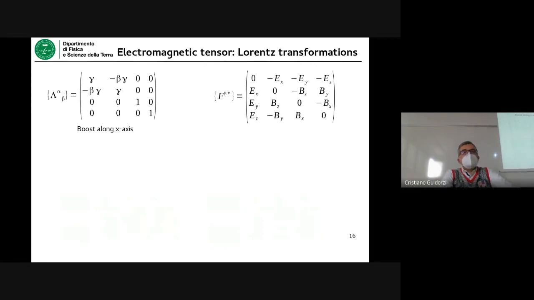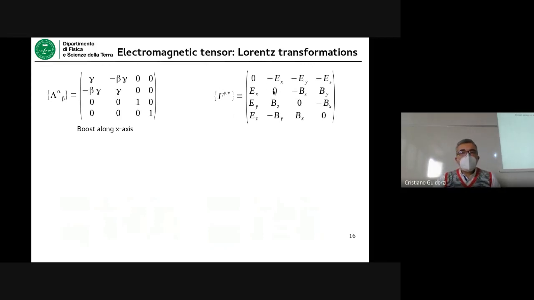So let's consider again our system, two reference frames, one which we consider as fixed, and the other one which is moving with constant velocity. Again, for simplicity, we consider a boost along the x-axis. So we start with the electromagnetic tensor in the fixed frame, so this guy here.